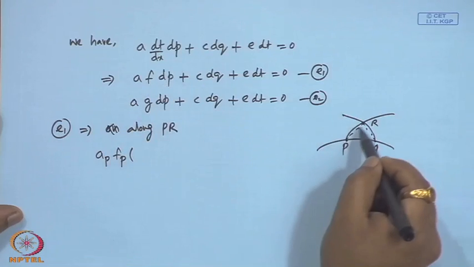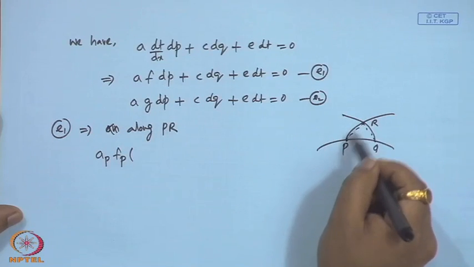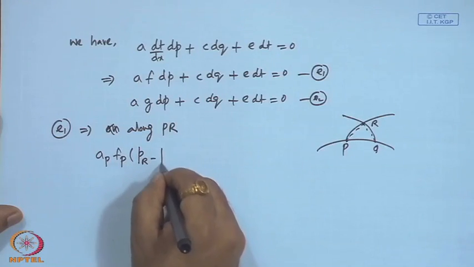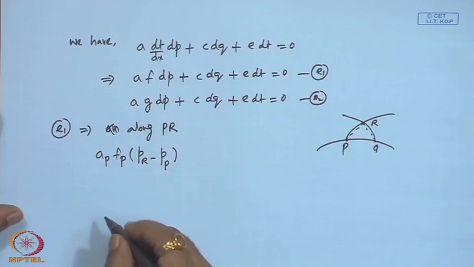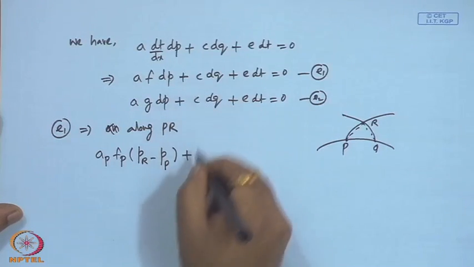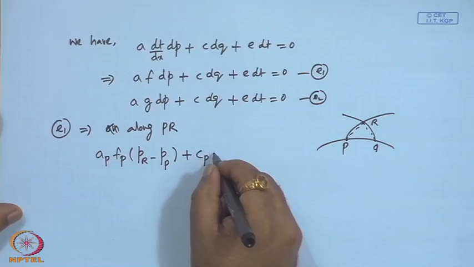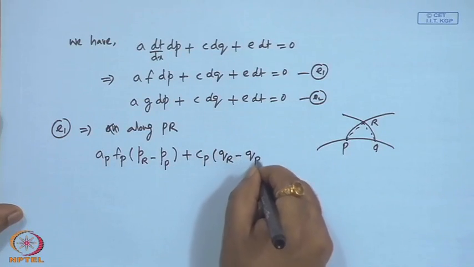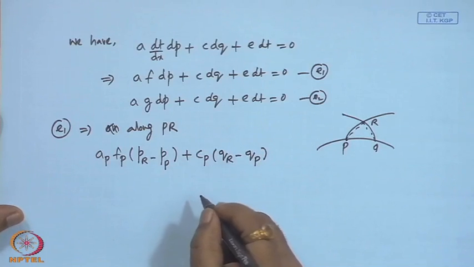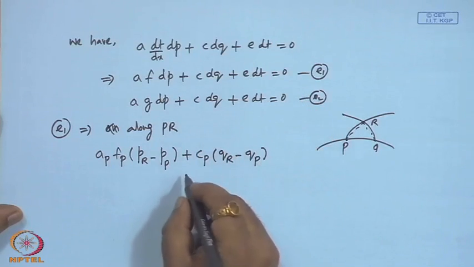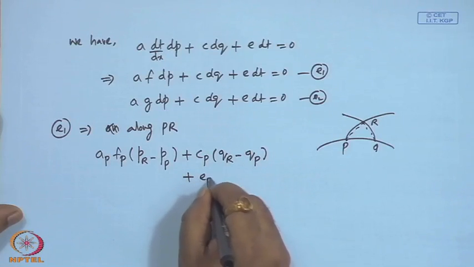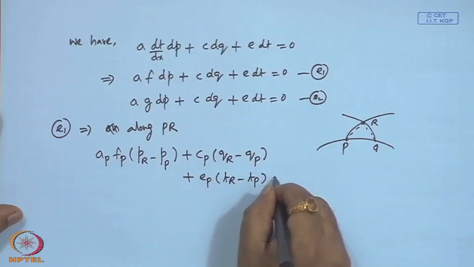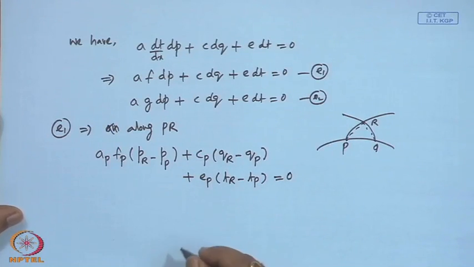So, D P along P R will be P R minus P P, P R minus P P plus C P, then D Q, Q R minus Q P, okay. Then E P D T, T R minus T P equals to 0. Okay.